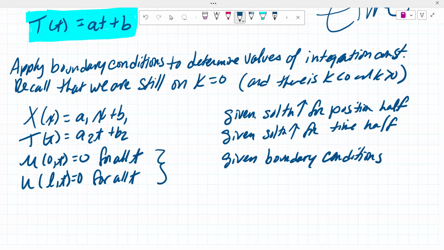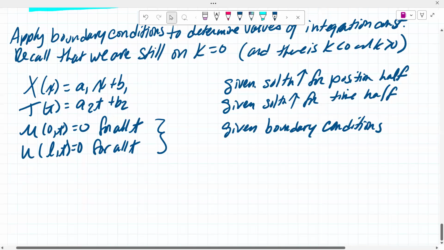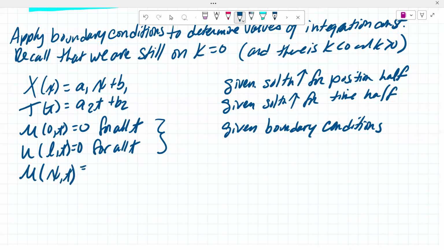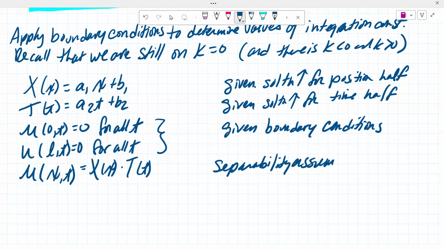Okay, so that's these two. And we also have another piece of information, which we're going to pull from above as well: u of x and t equals X of x times T of t. This was our separability assumption from above.